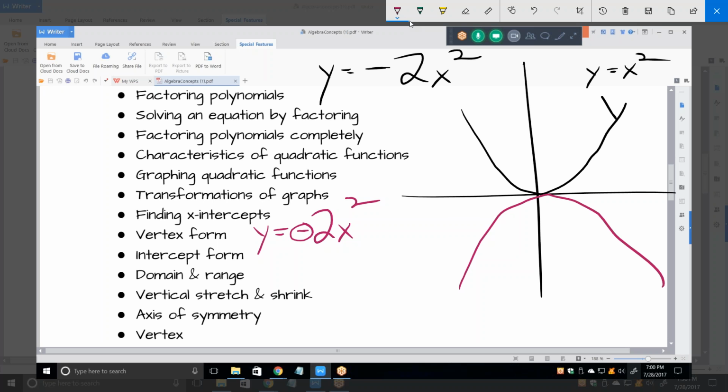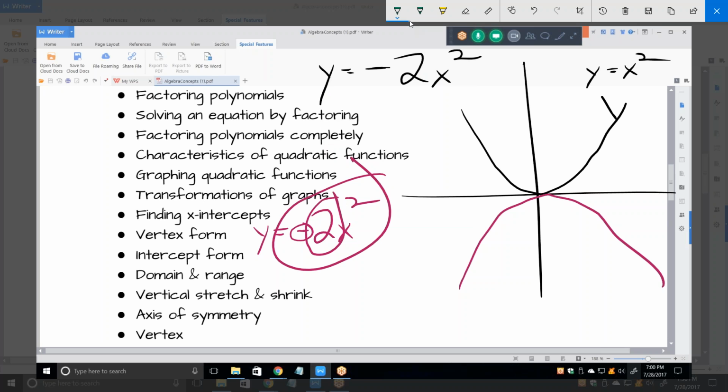But this is more than just a vertical reflection. This is a vertical reflection combined with a vertical stretch. So if I wanted to graph that, I've got to do both. And I always do reflections first. The only priority in the order that you do these is that you do your reflections first.